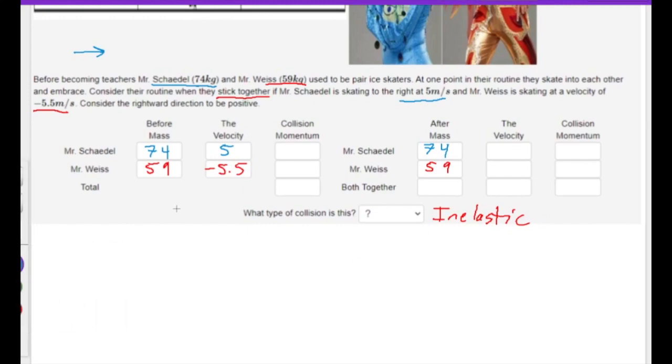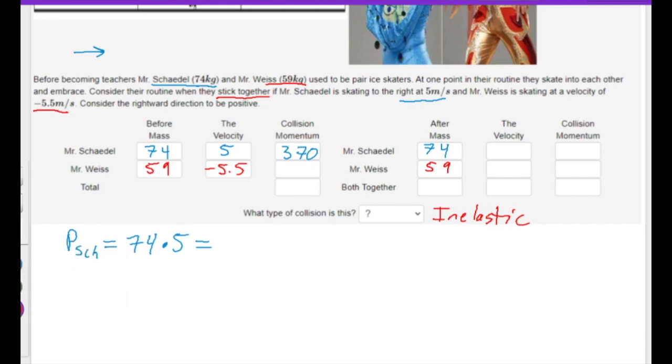So let's start by solving for our momentum in the beginning. So the momentum for Mr. Shadell in the beginning, so I'll write PSCH for Mr. Shadell, is the mass, which is 74, times the velocity, which is 5. So all I have to do is multiply those two together, and I find out that his momentum is 370.